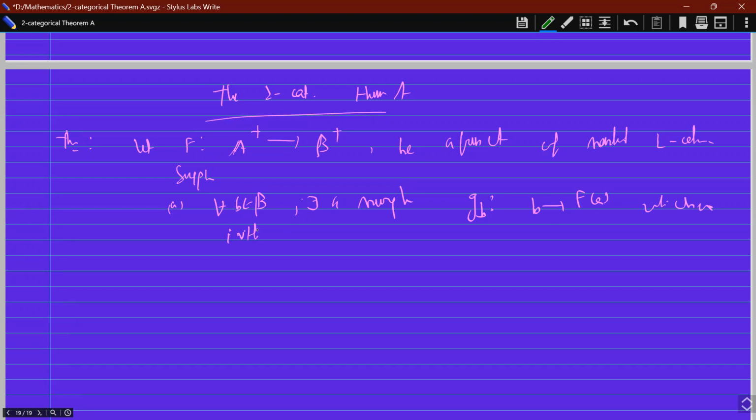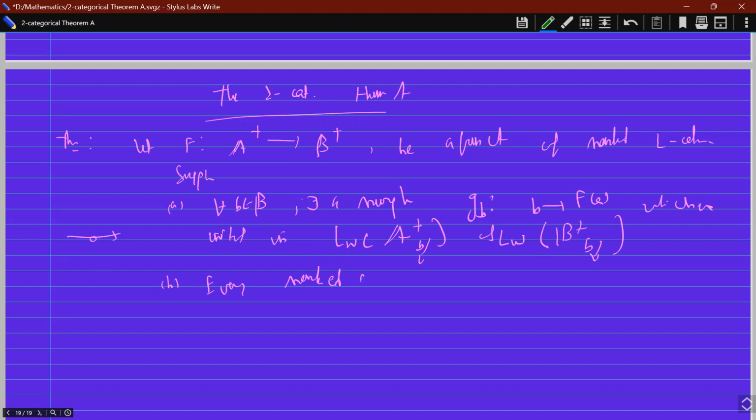So now localization comes into the picture, which I had in both these categories. And every marked morphism, this is my notation for a marked morphism, every marked morphism is initial.